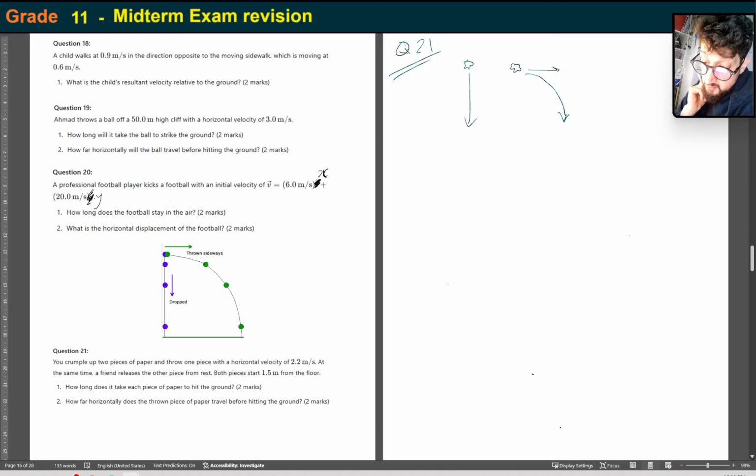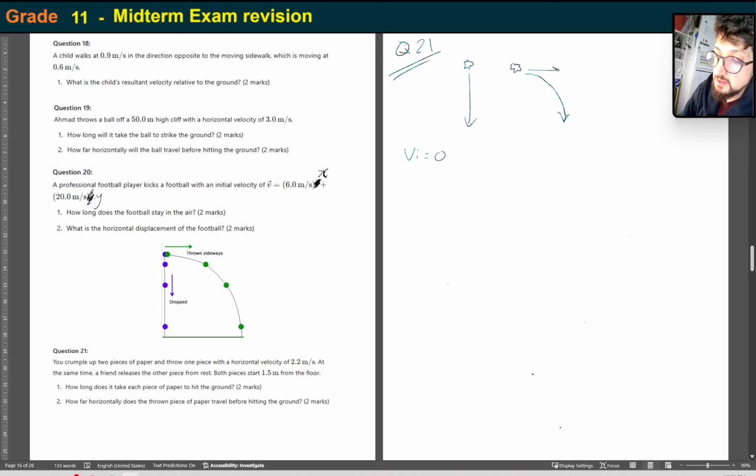So now that we know that, we can just pick any of these and calculate the time. Remember, it's always the y we're looking for when we're calculating the time, because of the acceleration, and that's what determines it. So for y, the vi is going to be 0 because it's being let go in the y direction. So let's just pick that, for example.